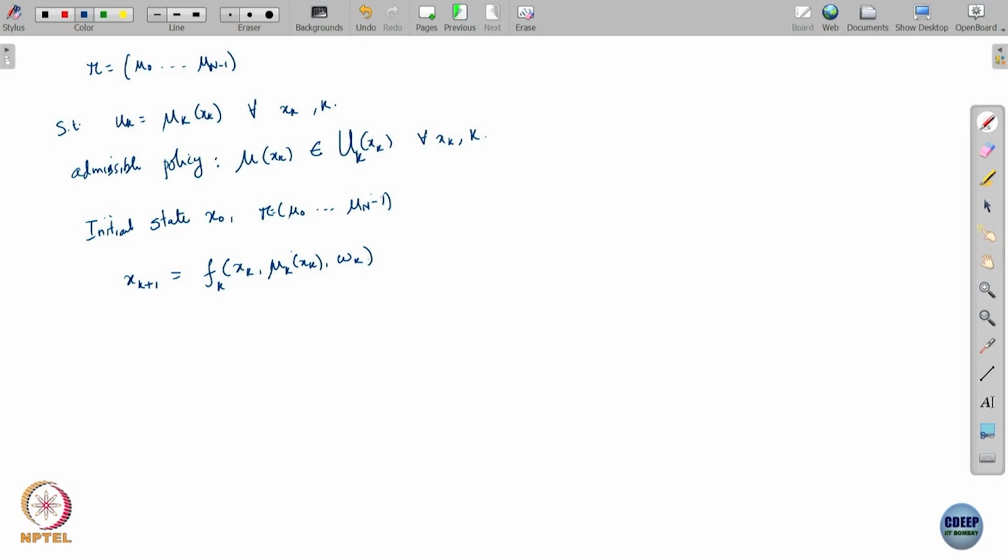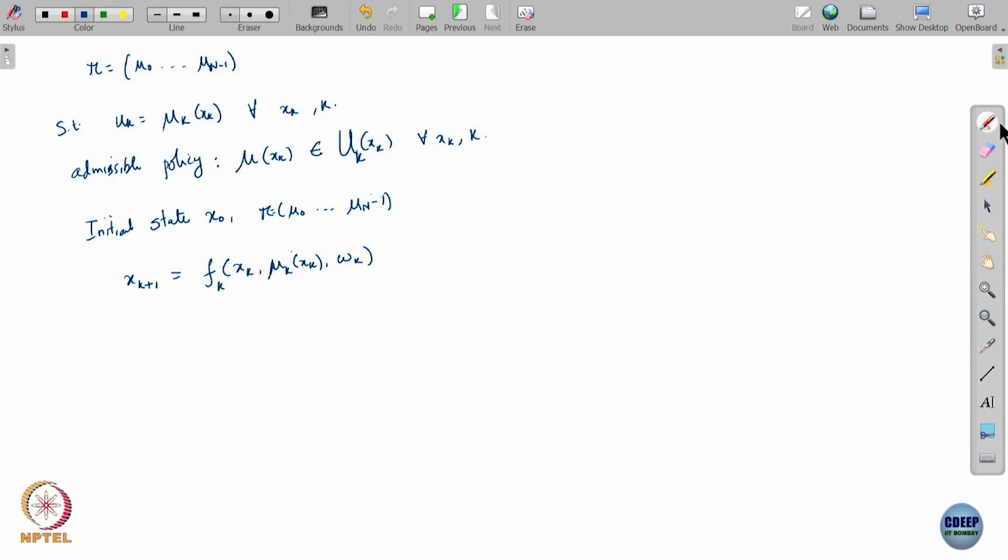Because you are choosing the action as a function of the state, you can now substitute this here, and what you find is that the next state is defined through the dynamics and the policy that you have chosen, which is mu k.